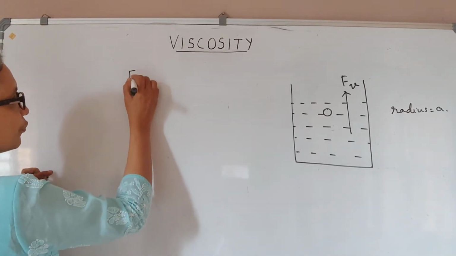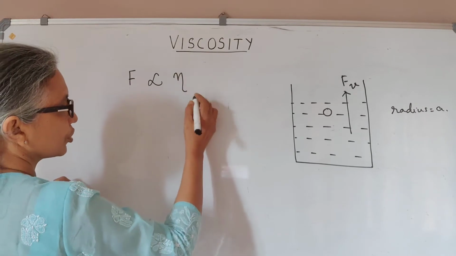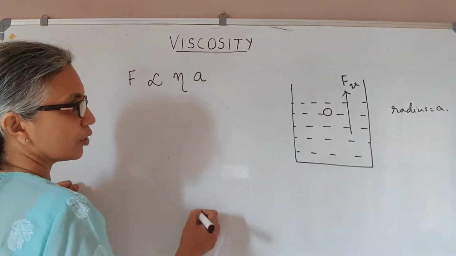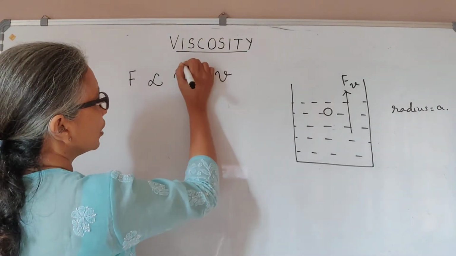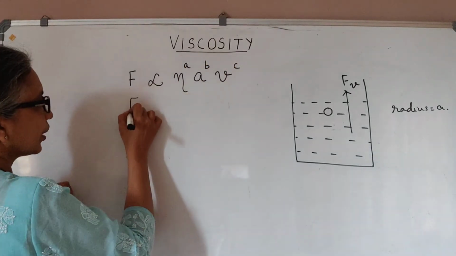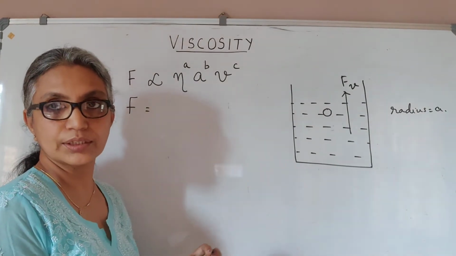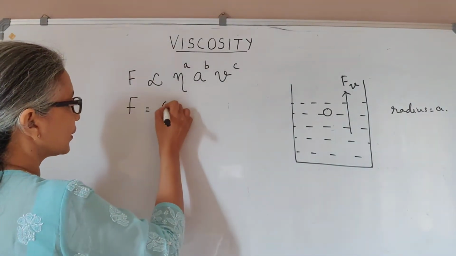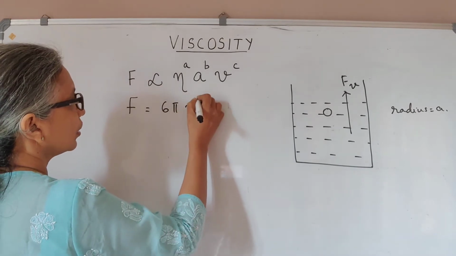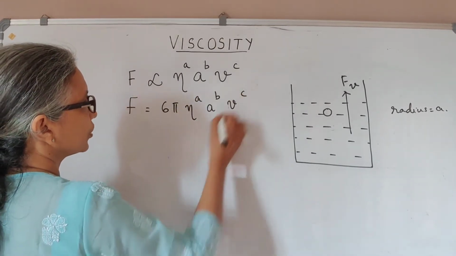So this viscous force is found to be directly proportional to the coefficient of viscosity, the radius of the sphere, and the velocity, raised to a, b, and c. Or we may write the constant of proportionality here, determined to be 6 pi, eta raised to a, the radius raised to b, and velocity raised to c.